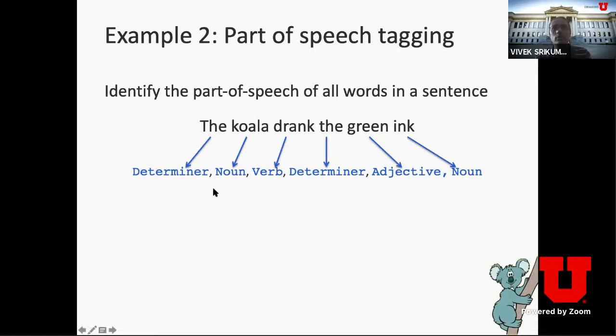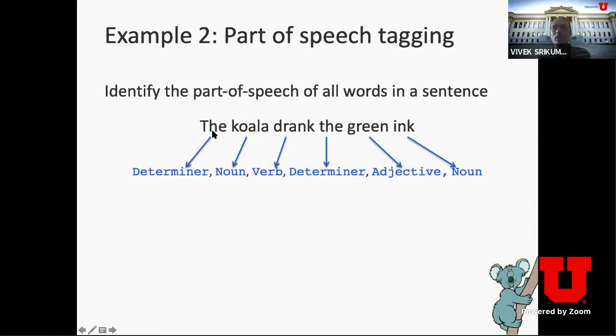But also the labels kind of influence each other. If I hide the word koala and I show you a determiner, the dash drank the green ink, I can ask what label could show up here, and most of the time determiners are followed by nouns. I don't have to really look at this word here.